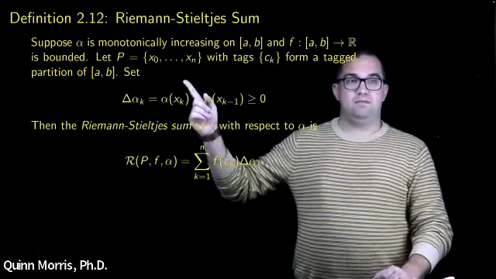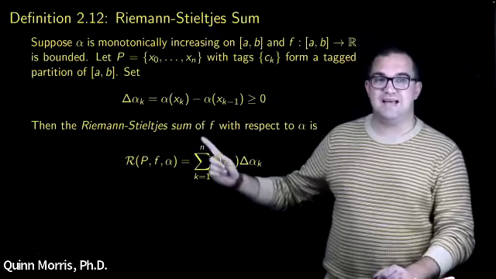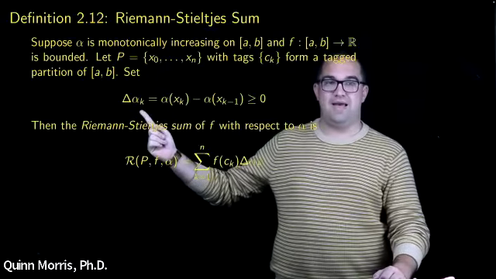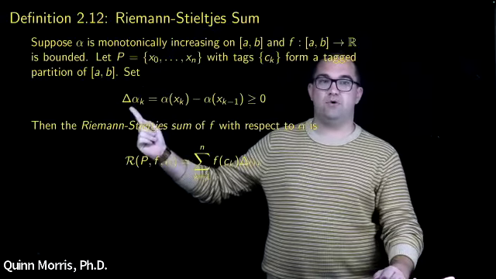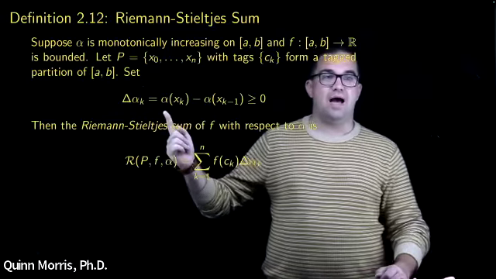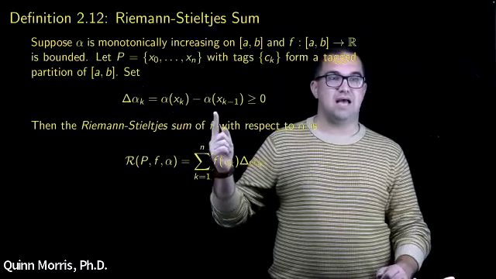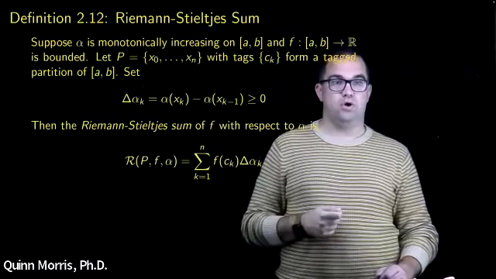If I let P be a tagged partition, and I set delta alpha k, so instead of delta x k from before, now I have delta alpha k, I want that to be alpha of x sub k minus alpha of x sub k minus 1.